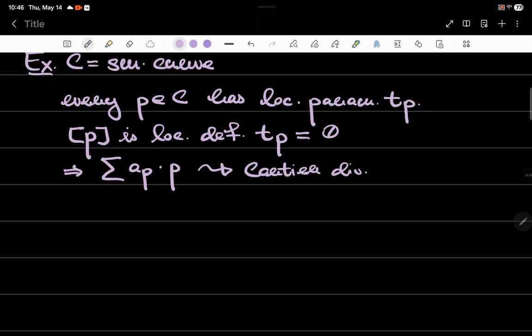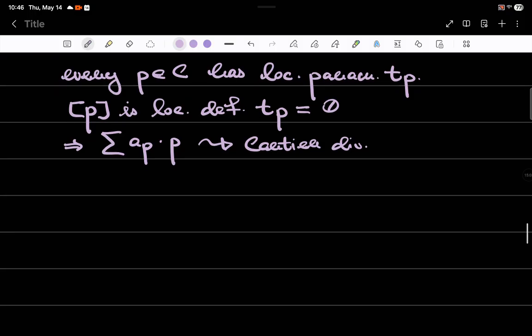These formal finitely supported sums of irreducible codimension 1 varieties will be called Weil divisors. And these are going to be somehow dual to Cartier divisors and equivalent to them in many cases. So on a smooth curve, at least, Cartier divisors and formal sums of points actually coincide.